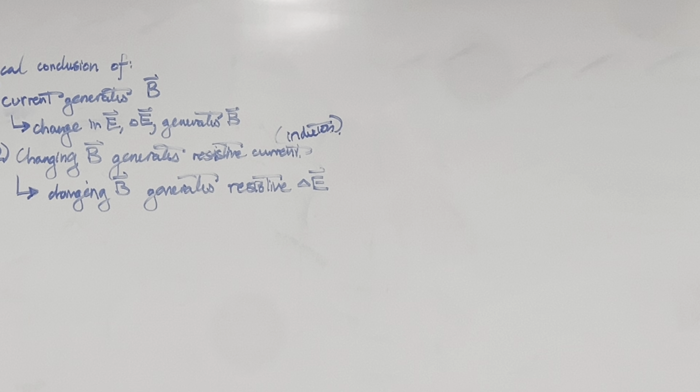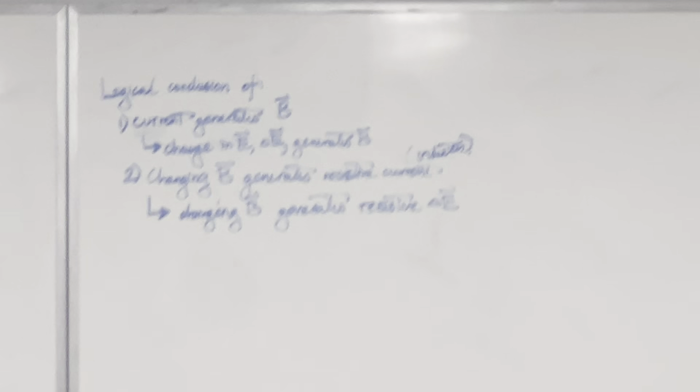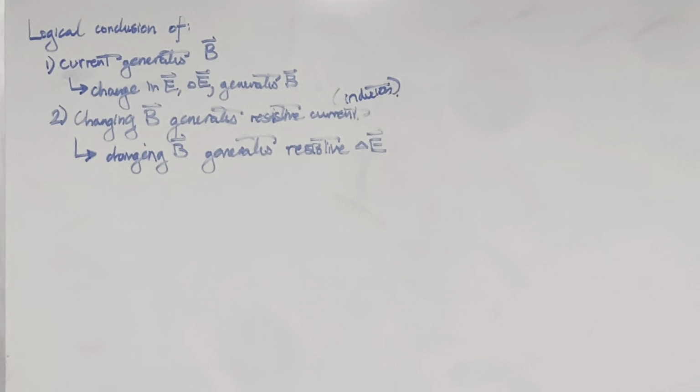Question: why is it described as resistive? Because induction generates current that's going to resist the change in B that caused it. Remember, this is why when you drop the magnet through the copper tube, it slows down, right?